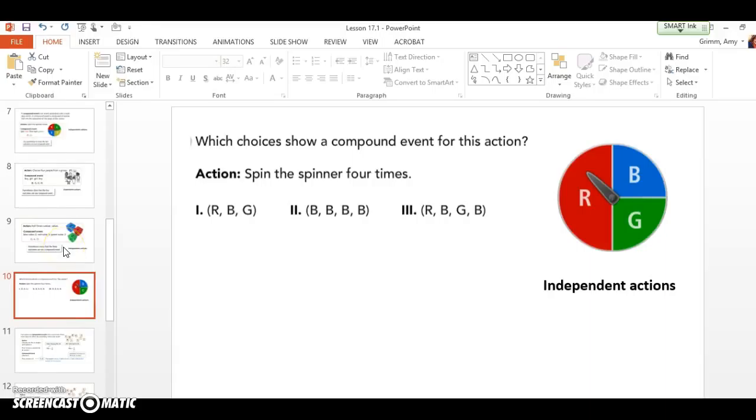All right, let's look at this one. So this one says, which choices show a compound event for this action? The action is I'm going to spin the spinner 4 times. Which one of those, if I spin the spinner 4 times? Daniel? Okay, why do you think the third one?